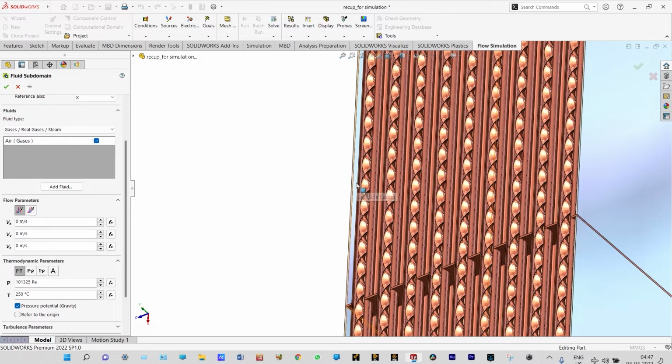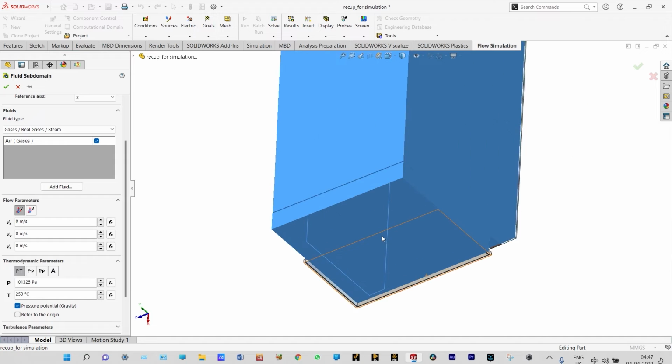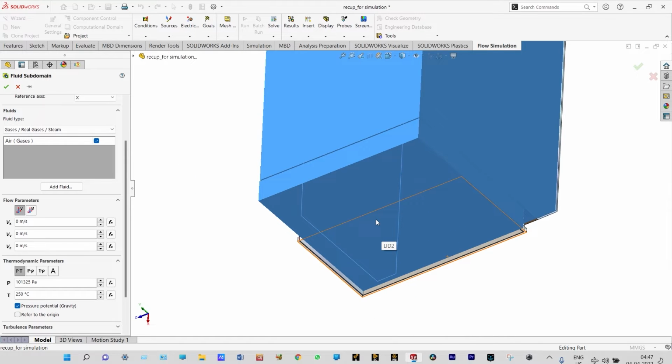We can select that specific location from where hot air will be passing. This one. From sidewise, we will provide hot air. So this is the fluid subdomain for hot air, right?